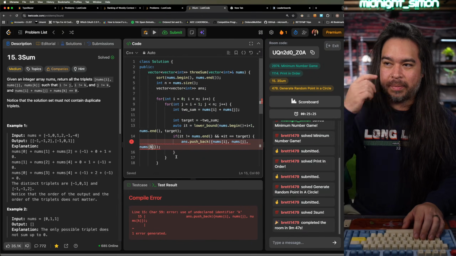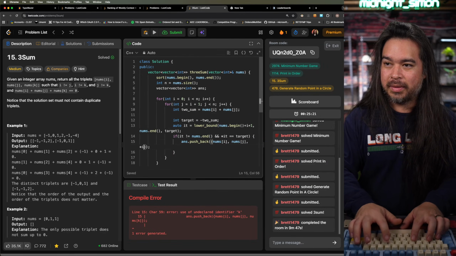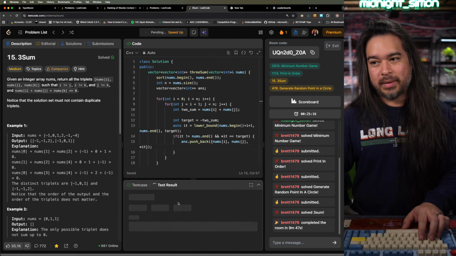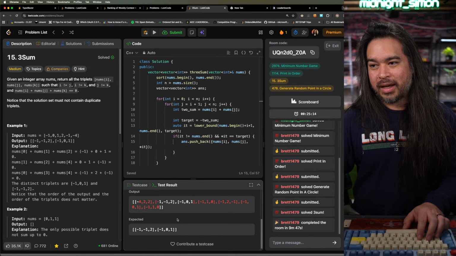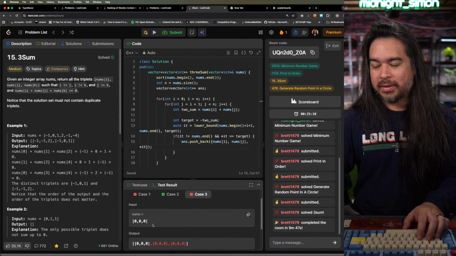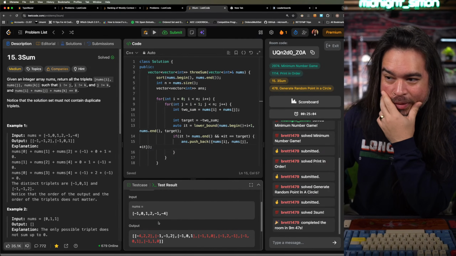There's no k. It's just it, the iterator. Dang, can't even get that one, huh? Because how do I stop the dupes, man?